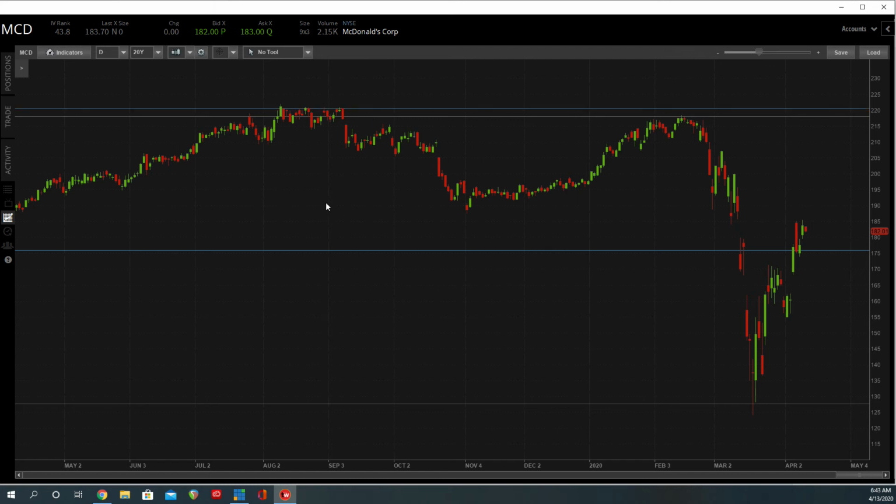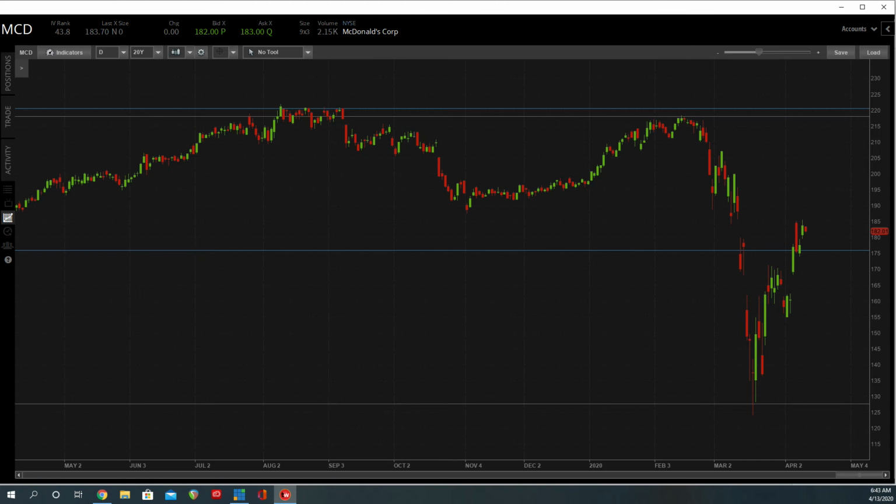Yeah, I'll have to play with that, but what I normally like to do is my price points that I set on a monthly chart, I like to actually make those thicker and color them a different color, because those become long-term price points, turning points, whatever you want to call them.